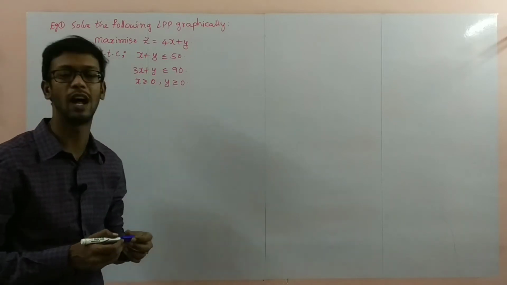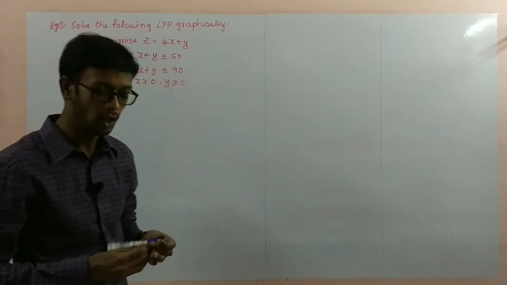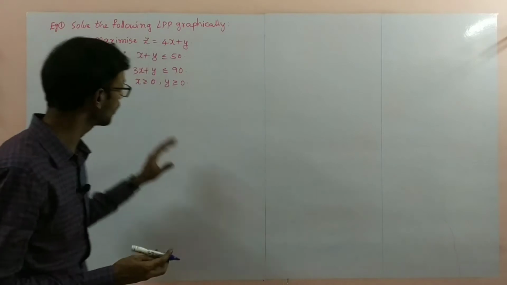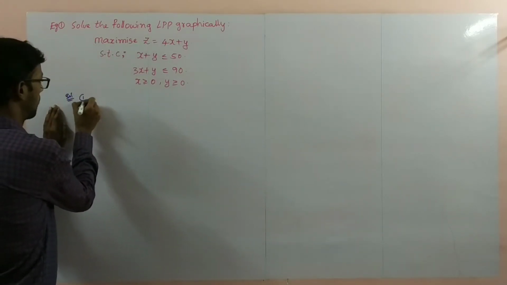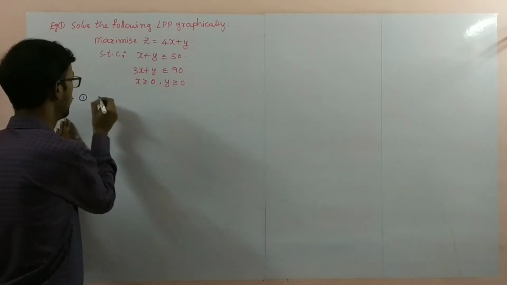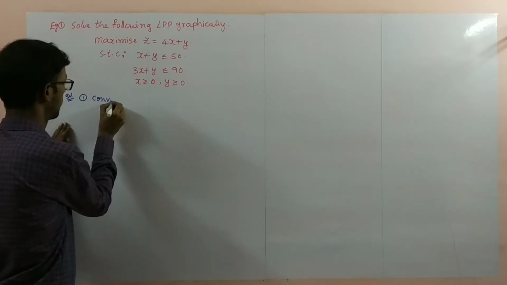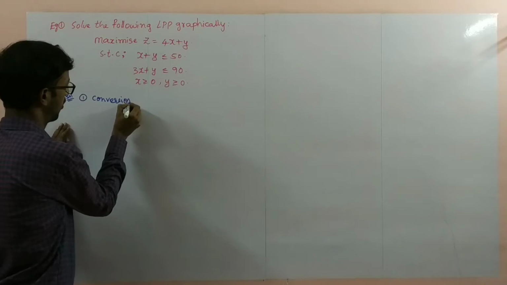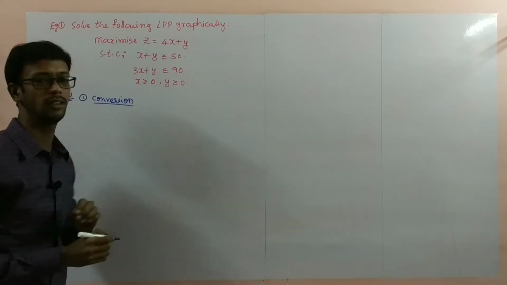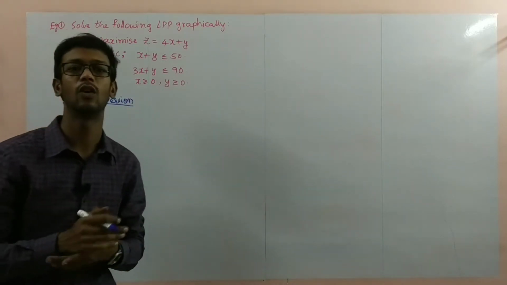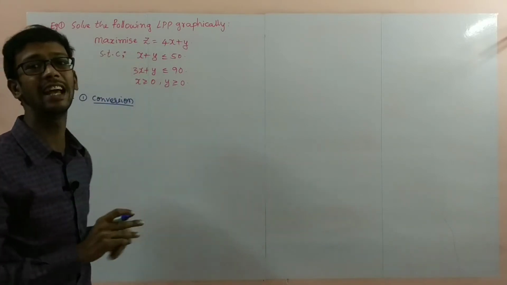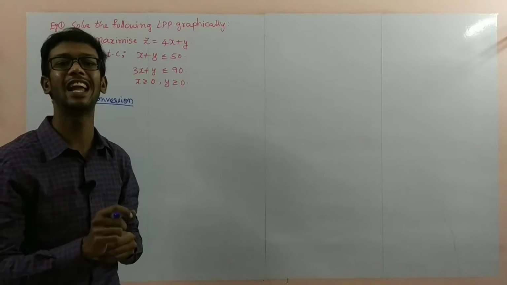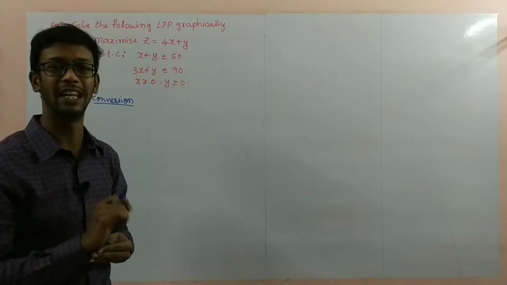So now how to solve this problem? First of all, I'll write it point-wise here. First point is conversion. What do we have to convert? We have to convert the linear inequalities into equations.